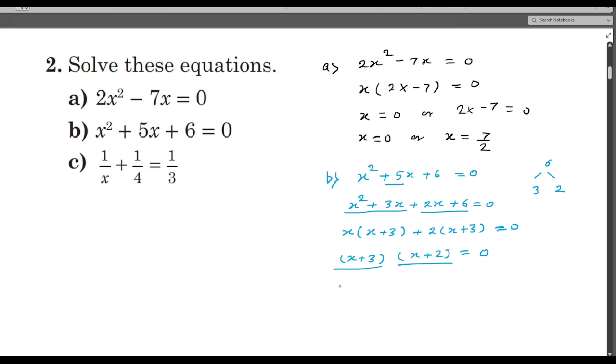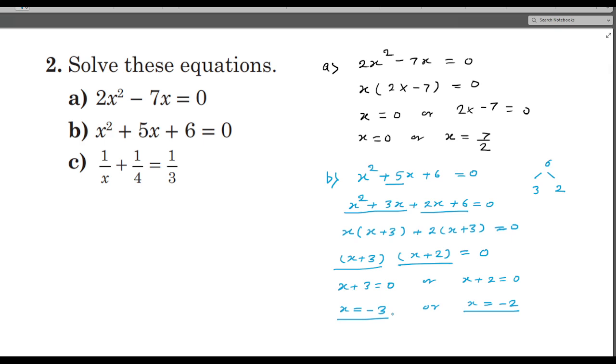So you will say that either your x plus 3 is 0, or your x plus 2 is 0. Now x plus 3 is 0 will give you x is equal to minus 3, or x is equal to minus 2. So x is equal to minus 3 or x is equal to minus 2 is your solution.